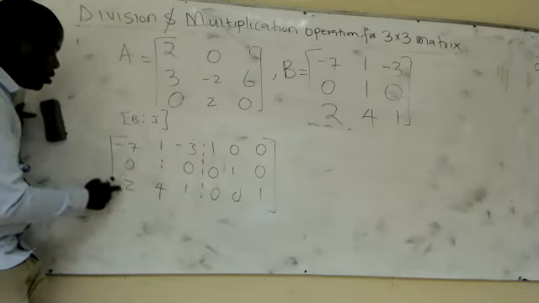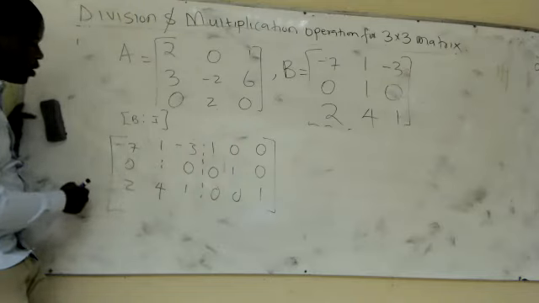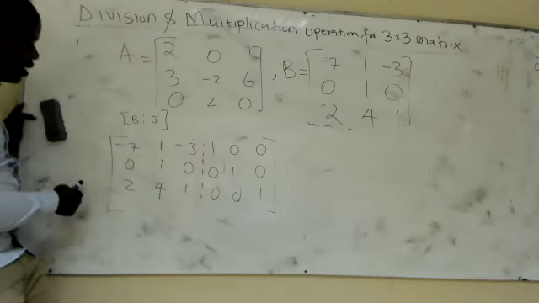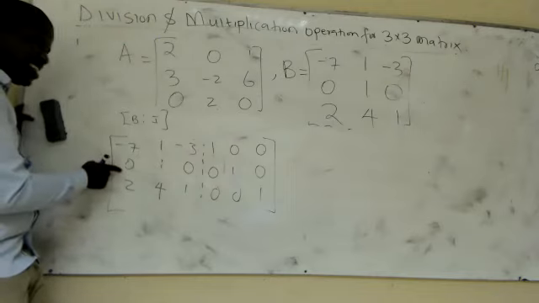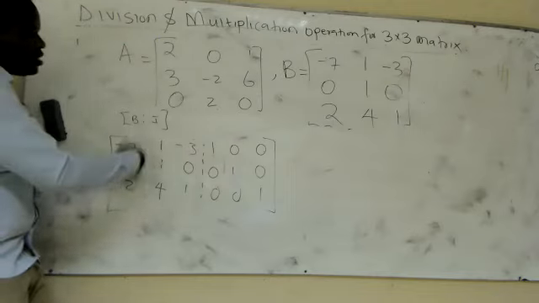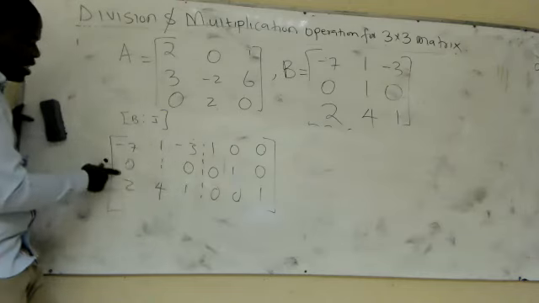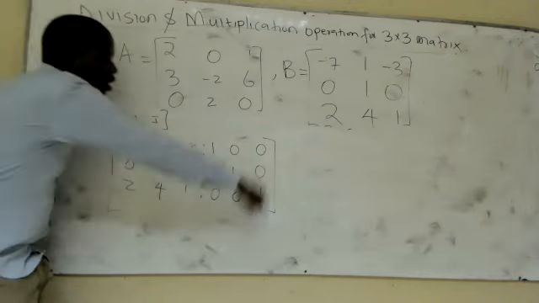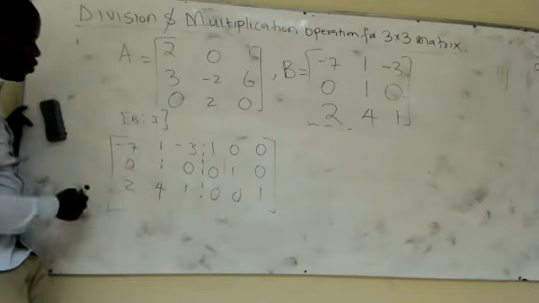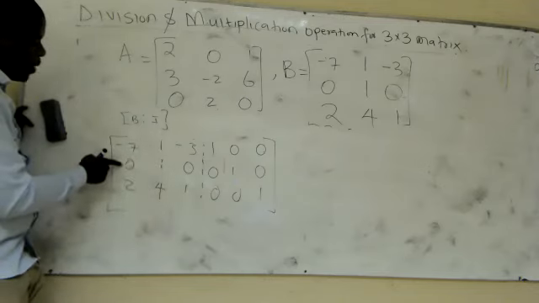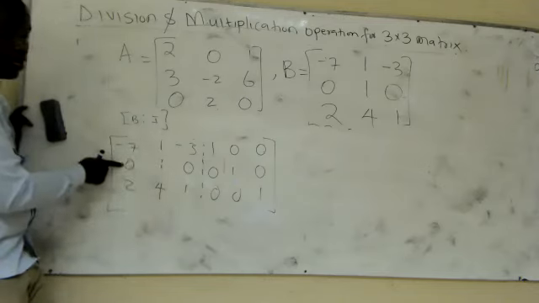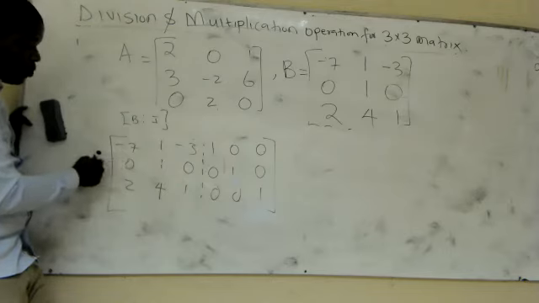Can you please repeat yourself? Okay, let me repeat again. Our task here is to get the identity matrix on the left side of this row echelon method. So now already we have a 0 there, which is a fortunate part of this problem also.